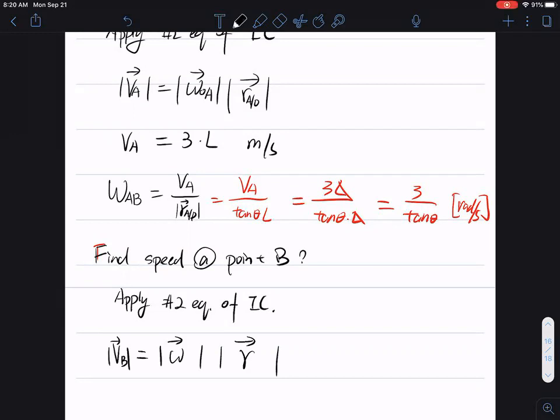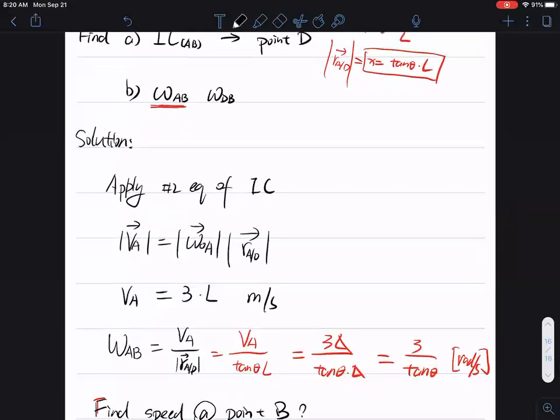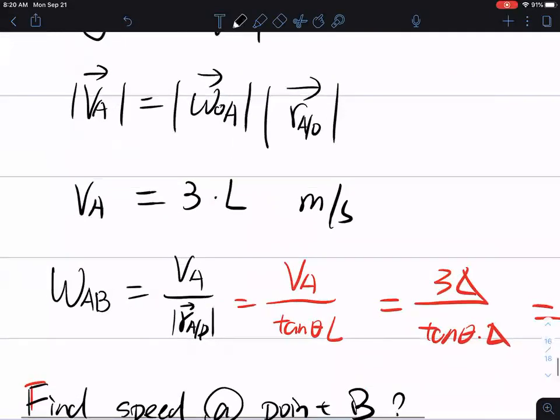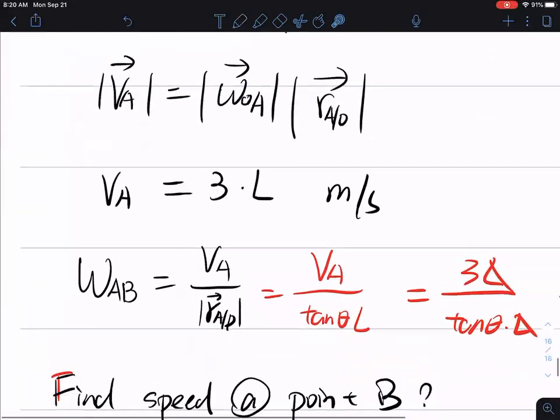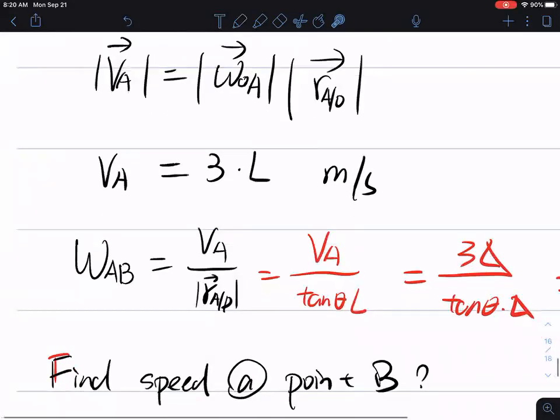Question? Since omega is positive, we assume it's counterclockwise, right? Good question. If you apply this equation to find omega, that equation only tells you the value of omega, doesn't tell you anything about the rotation. So no information about rotation, either counterclockwise or clockwise.